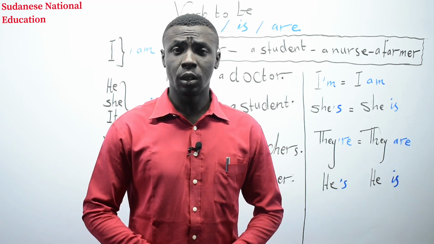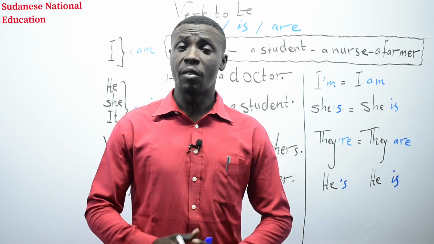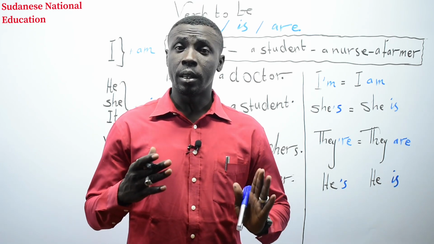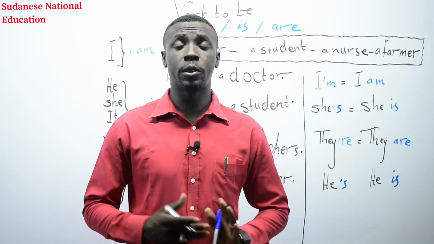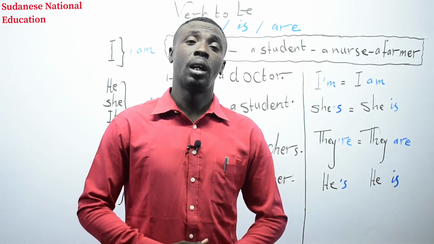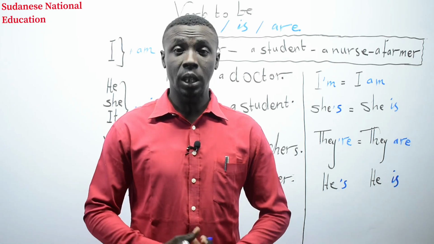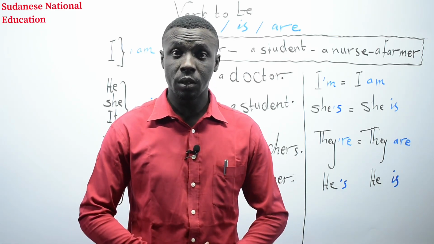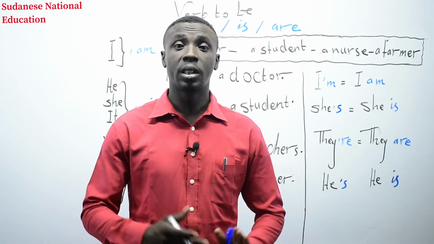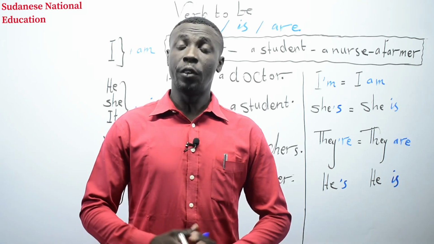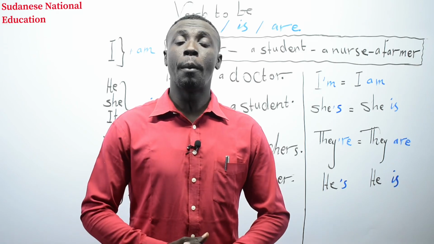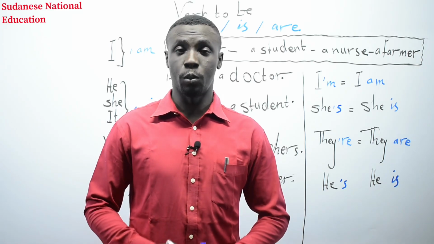In today's lesson, we are going to put the verb to be and the jobs in a sentence. We will form positive sentences, questions, and negative sentences. Firstly, we talked about how we use the verb to be.